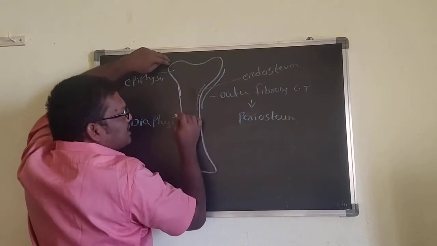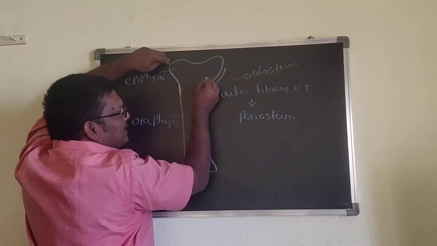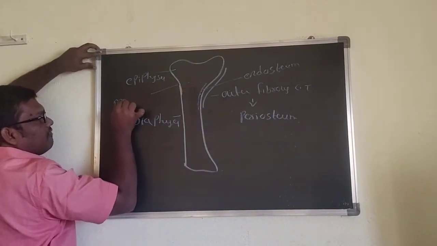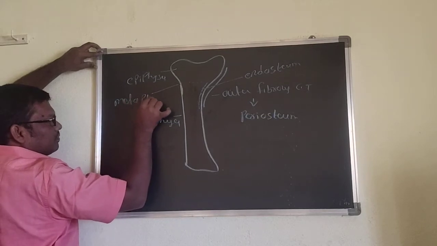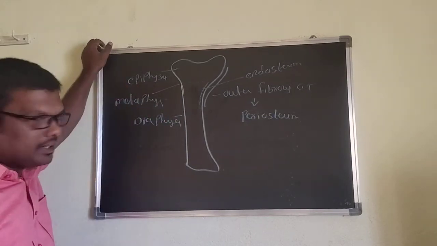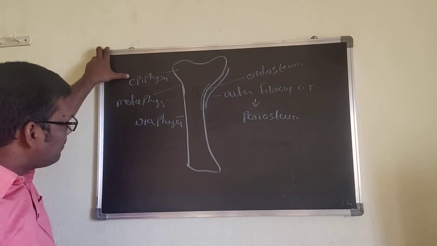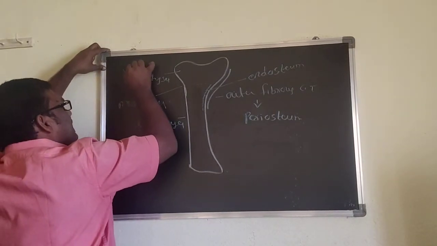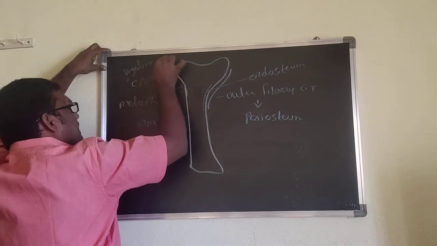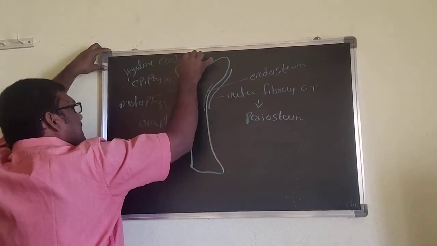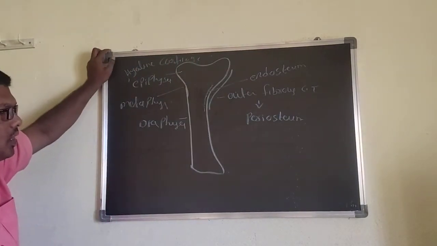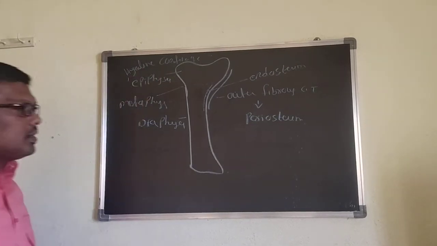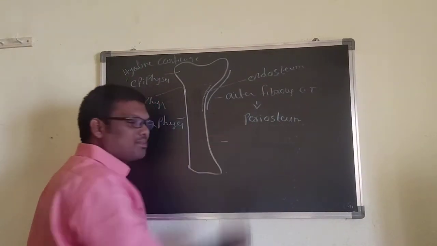Between epiphysis and diaphysis is the metaphysis. Basically, epiphysis consists of hyaline cartilage.